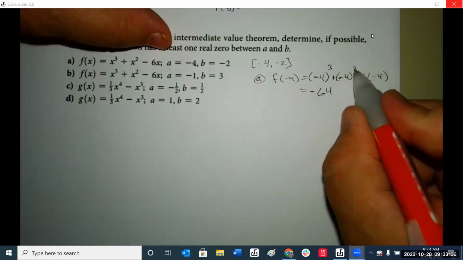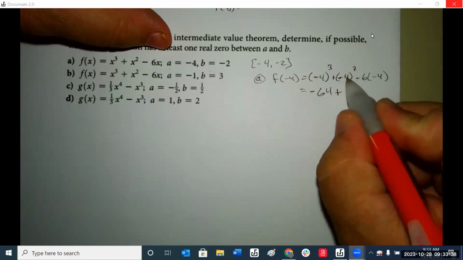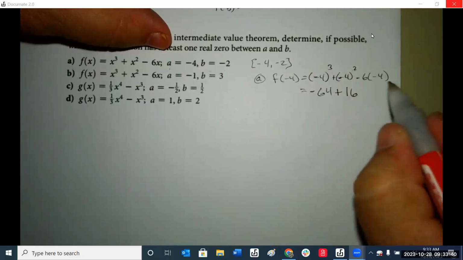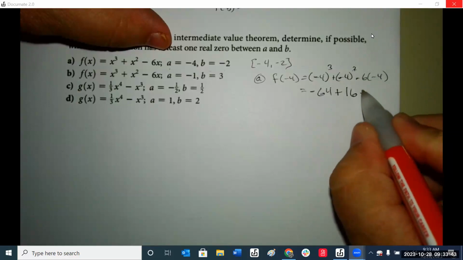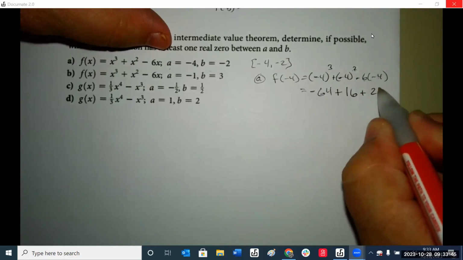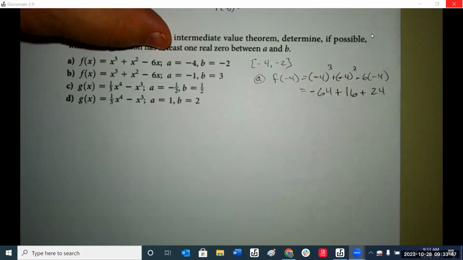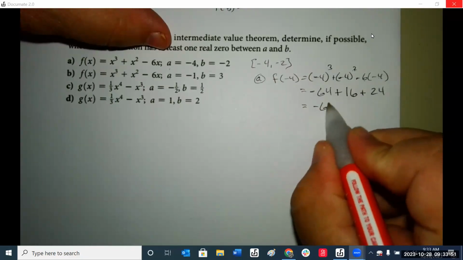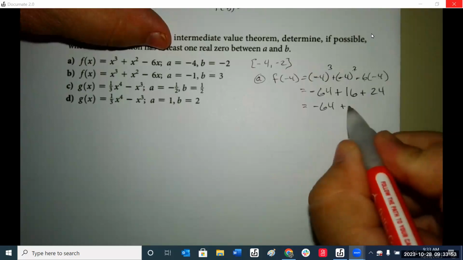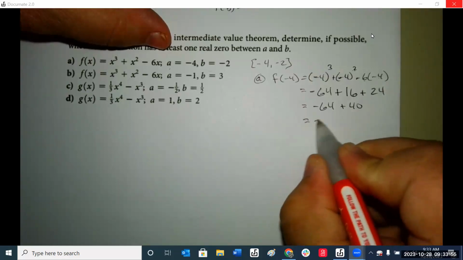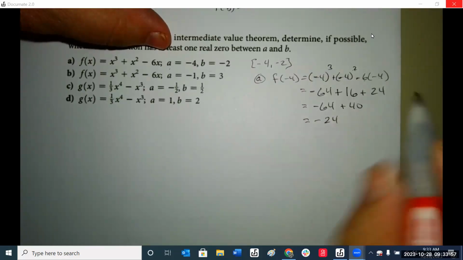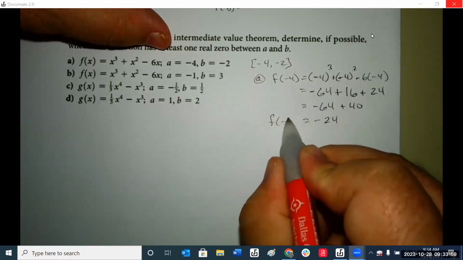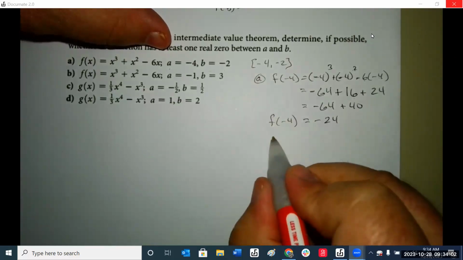Negative in the even power, so it's going to be positive. 4 squared is 16. Negative times negative is positive. 6 times 4 is 24. So -64 plus 40 is -24. So f at -4 is -24.